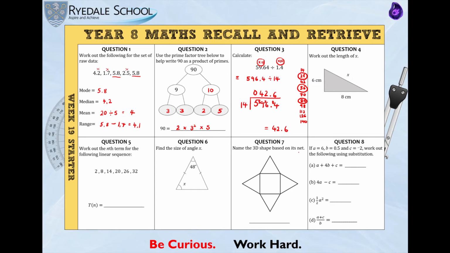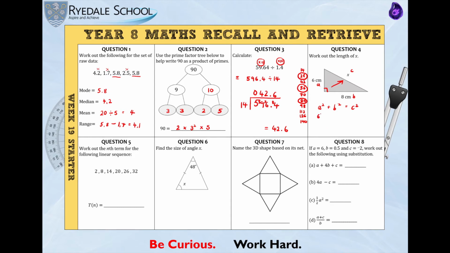Question number 4 is a Pythagoras question from earlier in the year. We are finding the longest side. So Pythagoras' theorem said a squared plus b squared equals c squared. A, b, and c is always the longest side opposite the right angle.